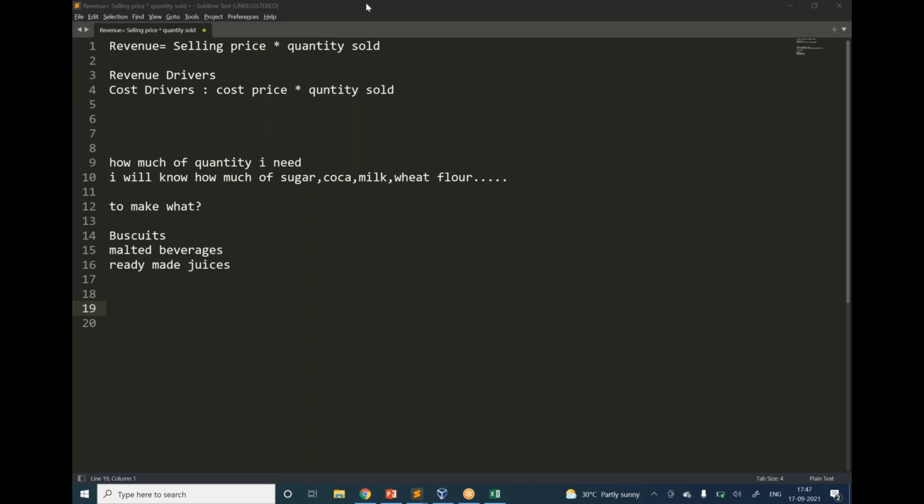It's not 105 into 1000. How do you do it? First of all, what are you supposed to calculate? How much of wheat flour you need, total quantity, how much you need to purchase from the vendor.